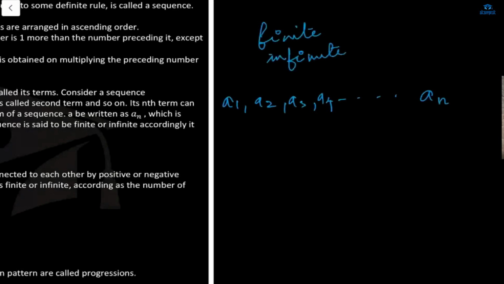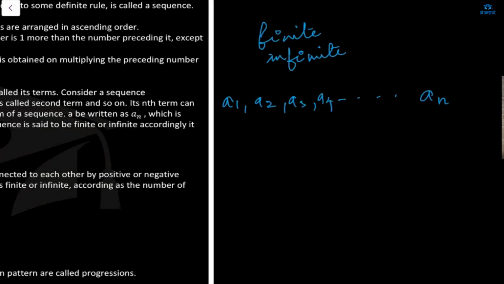If you have a definite number of terms in a sequence, for example 10, 100, 200, whatever it is, then it is a finite sequence. But if it is not mentioned how many terms there are, and after writing it is just dot dot dot, it is an infinite sequence. It will keep on going.